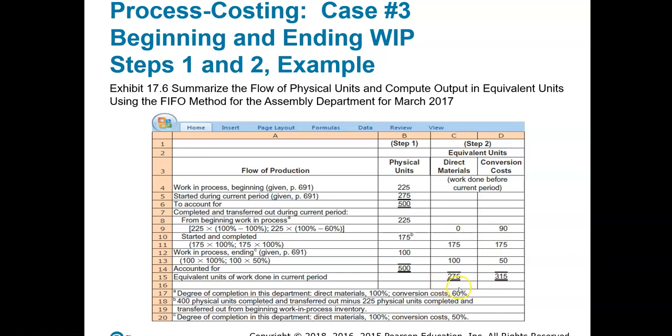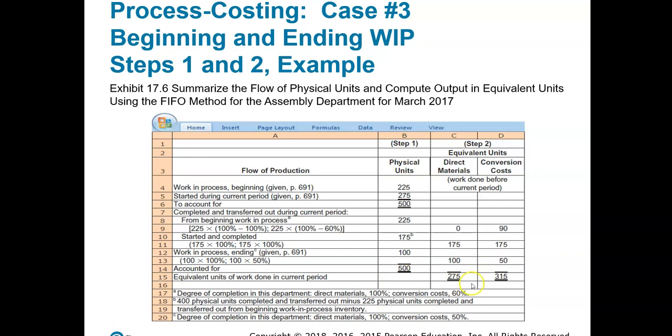I'm taking the amount of work I had to do to beginning inventory, plus the amount of work I had to do from units started and completed, plus the amount of work that has already been done to the units in ending inventory. And that will give me my equivalent units of work done in the current period.